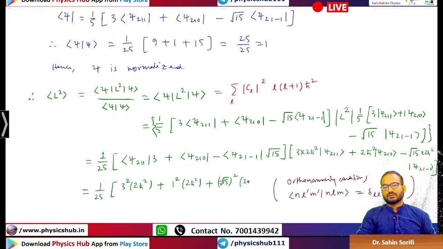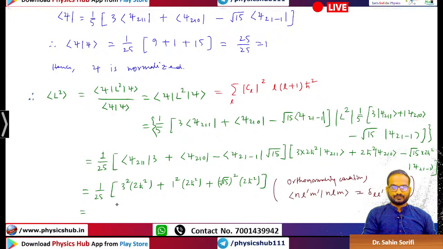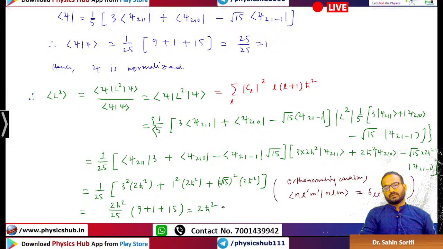Again 2ħ². So what are you getting? 9 into 2. 2ħ² we can take common. 2ħ² by 25, 9 plus 1 plus 15, 25 by 25. 2ħ². So L² we got 2ħ².